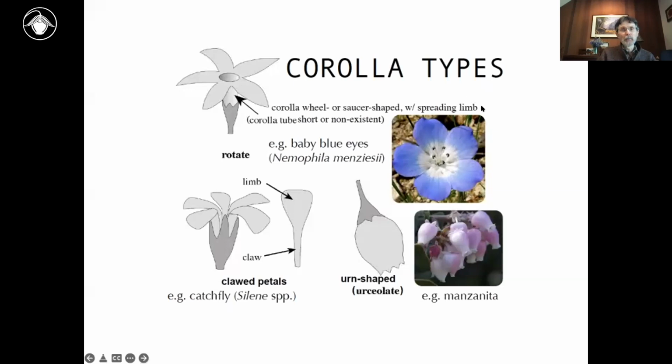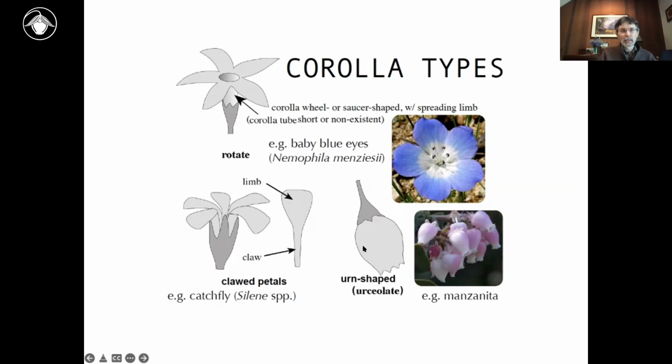The term limb is used for the parts of the flower that are part of this expanded structure. So baby blue eyes, Nemophila menziesii, is a great example of a rotate corolla, with a very short tube united at the base and a widely spreading limb, where you can see the lobes here.